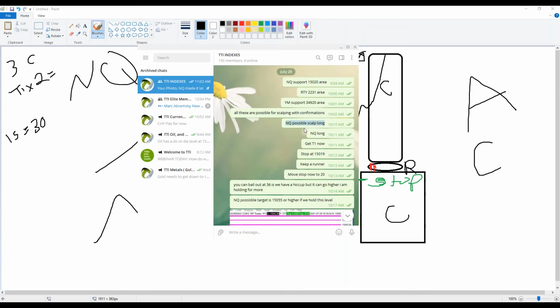Ten minutes after, I said NASDAQ long possible. So you're not saying, Simon, you called it after the fact. No, I'm calling it right with the timestamp. I said NASDAQ long. Get target 1 now, because it touched the level, then move the stop to this price. Keep the runner. And look at this.